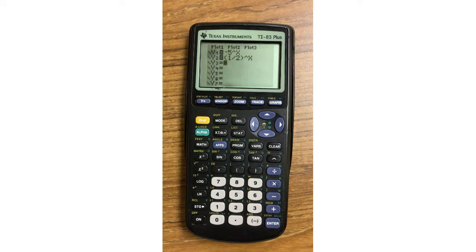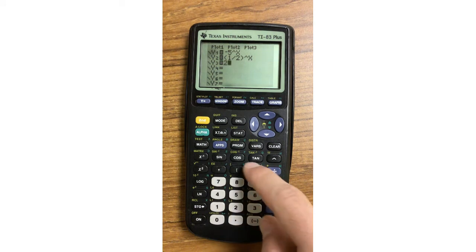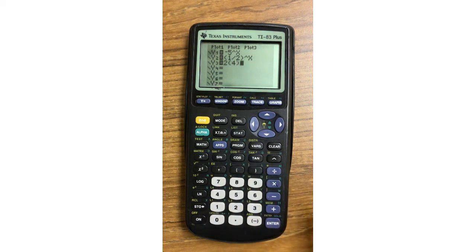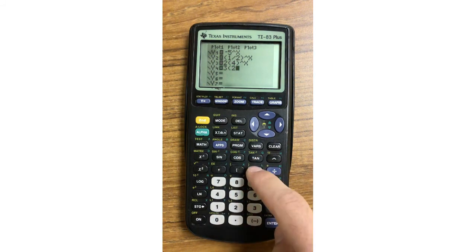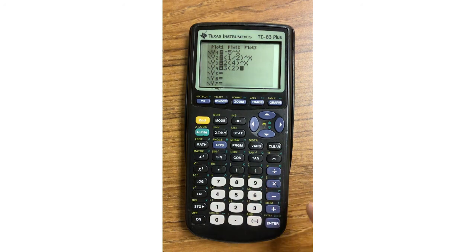All right, and then number 15, I have 2 times 4 to the power of X. And number 16, I have 3 times 2 to the power of X.